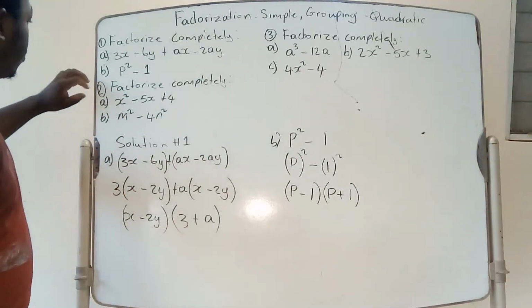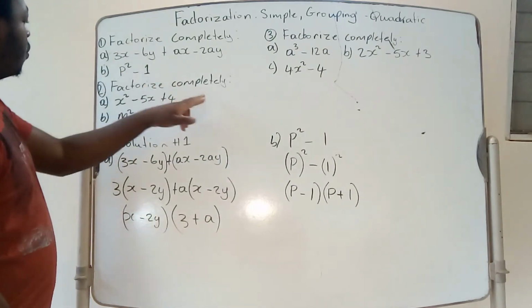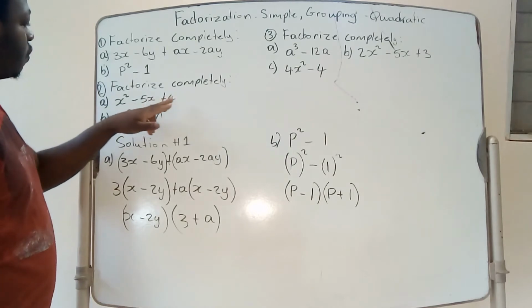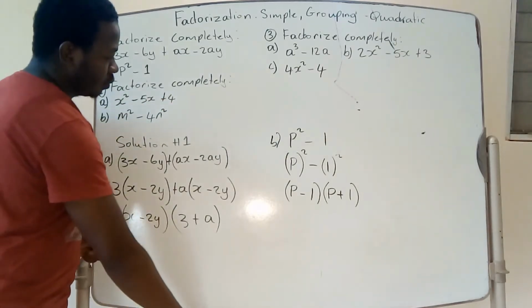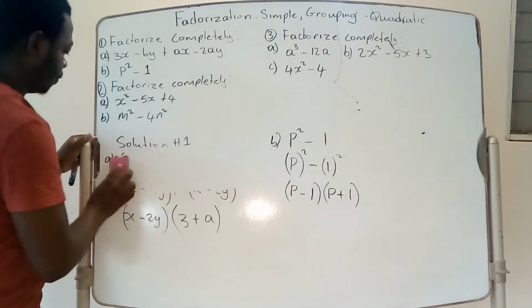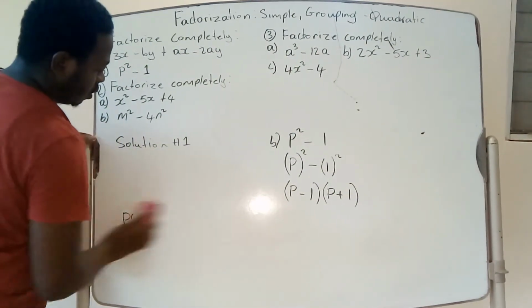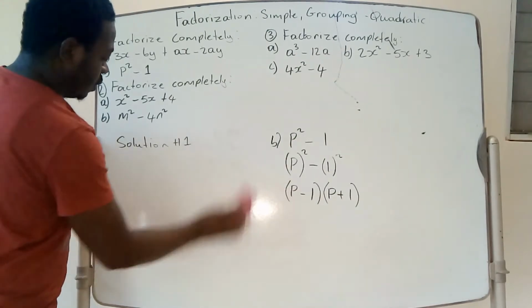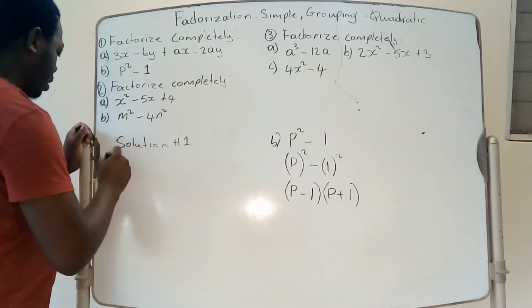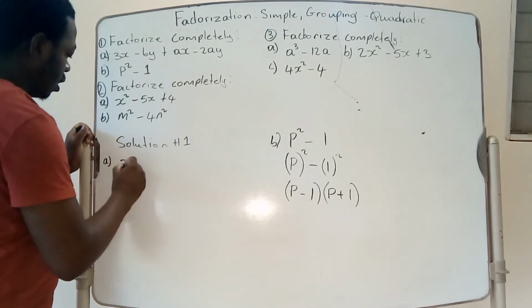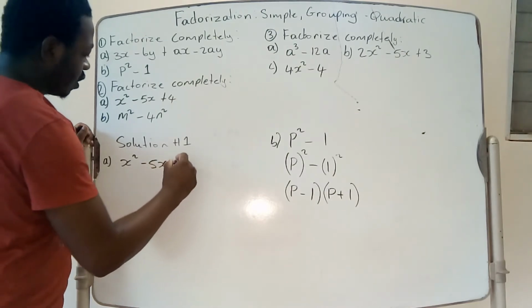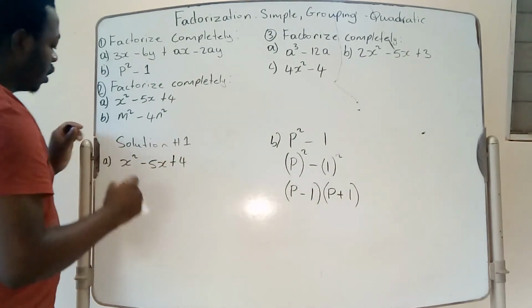Now let's move on to number 2. Factorize completely. X squared minus 5x plus 4. So now we want to factorize x squared minus 5x plus 4.